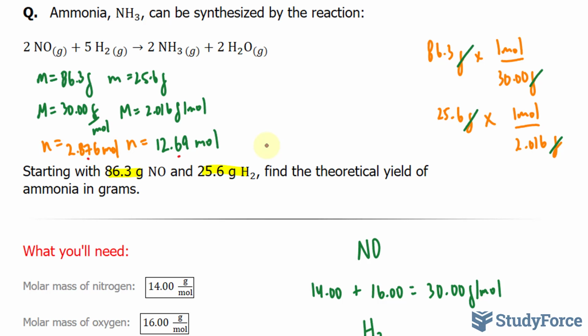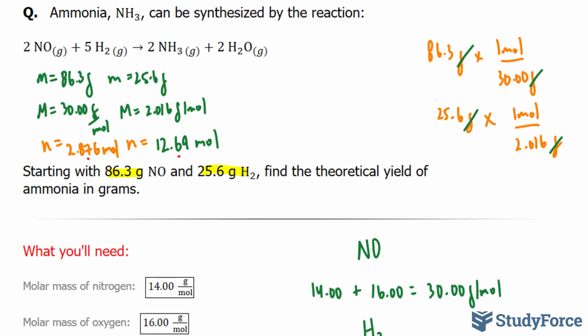So we found the number of moles, and going back to our strategy, we said that we would determine the least amount of product by converting from grams of each reactant, which we just did, to moles of the reactant to moles of the product. So next we will compare the number of moles of first NO, which has 2, to the number of moles of NH3, which also has 2.